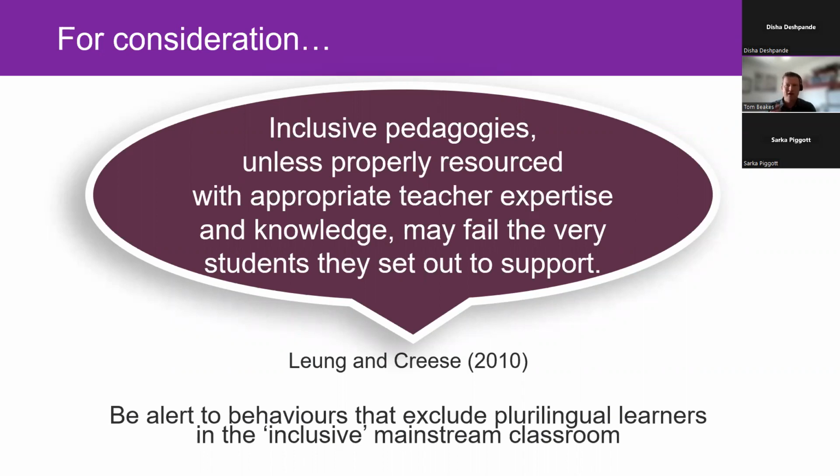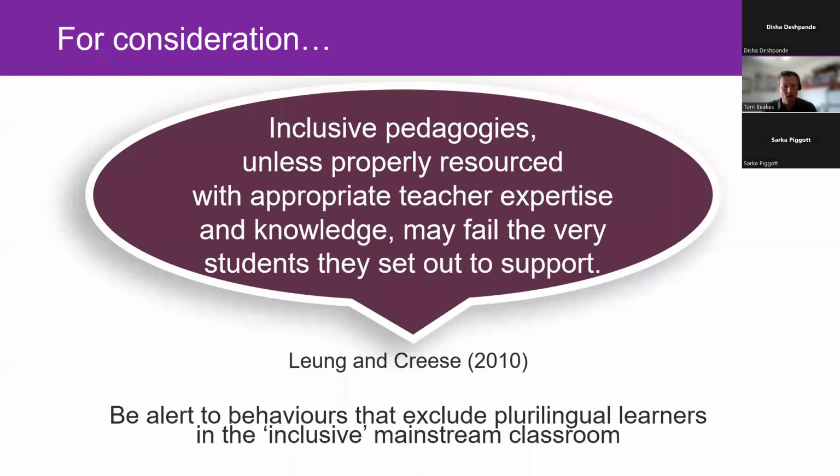In schools where inclusion is understood to be simply about placing learners using EAL into the mainstream classroom, integrating them into the same physical settings with other learners, but where there is no appropriate language support, and teachers do not have the awareness of the distinct EAL pedagogy and effective EAL learning approaches, plurilingual learners can become excluded in the inclusive mainstream classroom.